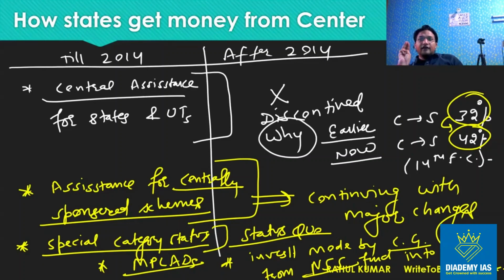And three, special category status states. These are the three mechanisms. Apart from that, this National Small Saving Scheme is also used in addition to these three primary tools of transfer of money from the central government to the state government.